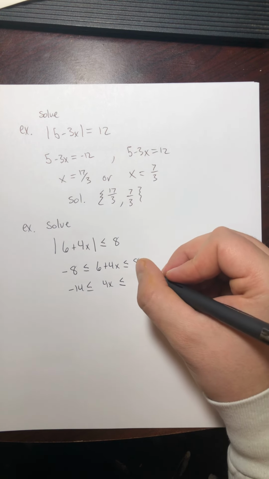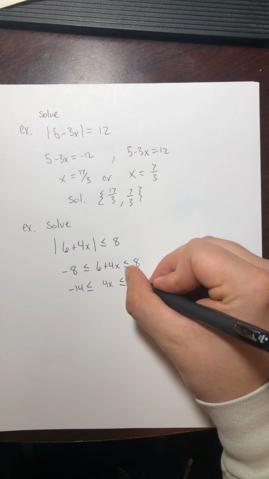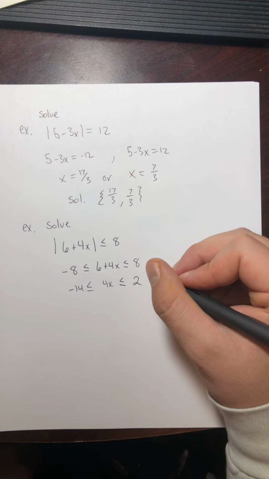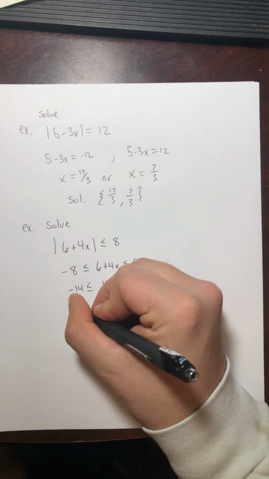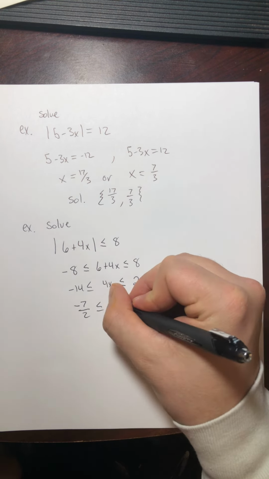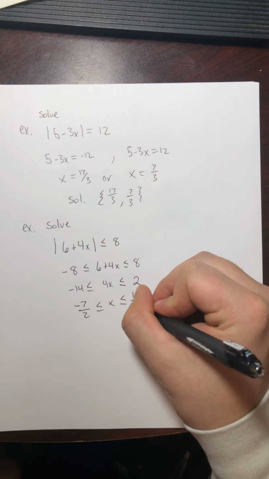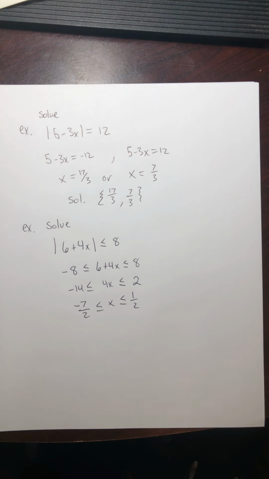And I subtract 6 from all 3 parts, then I'm going to divide by 4. And we get this inequality statement: negative 7 halves is less than or equal to x, which is less than or equal to 1/2.